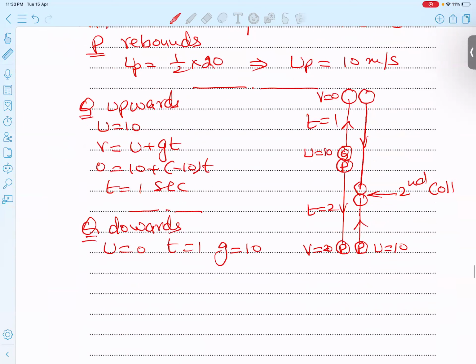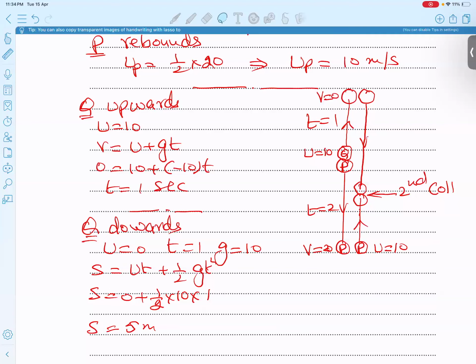I want to find the distance. So s = ut + half at squared. This is very important to know. S = 0 plus half times gravity 10 times time 1 squared. So I got 5 meters, which is just traveling downwards.